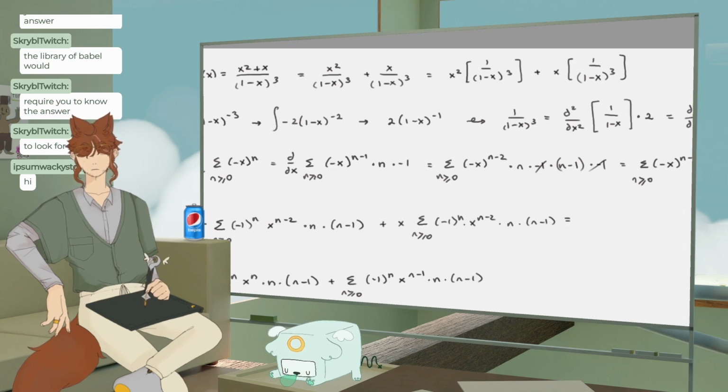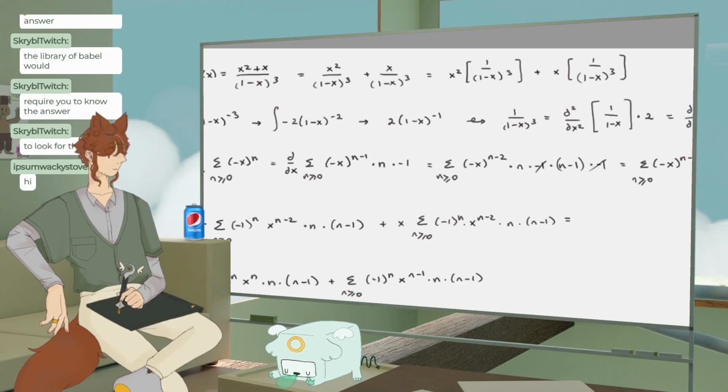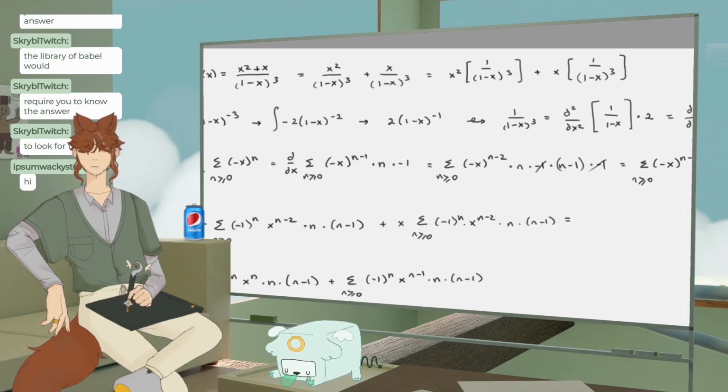Can you graph me the output of this? Maybe I can do 1 to infinity. Undefined. Oh my god.